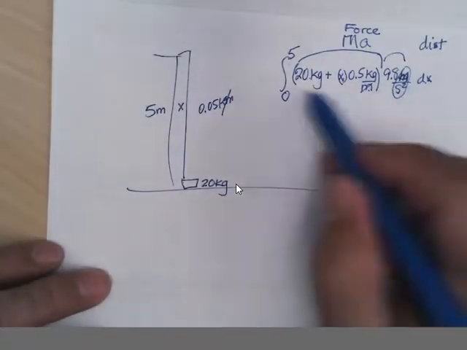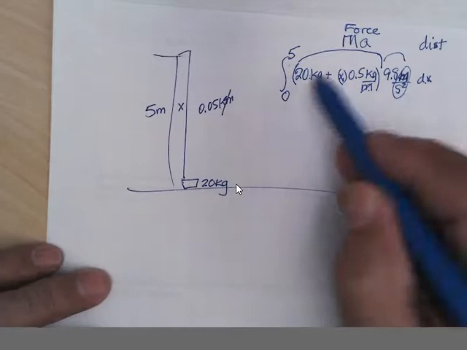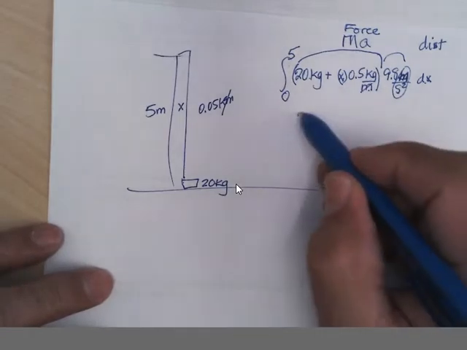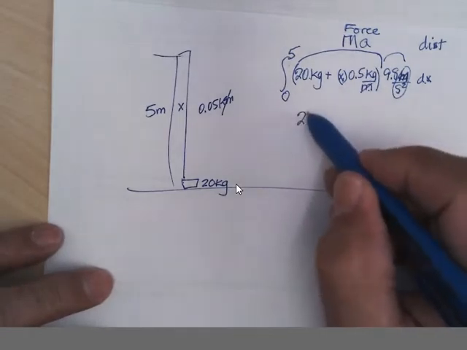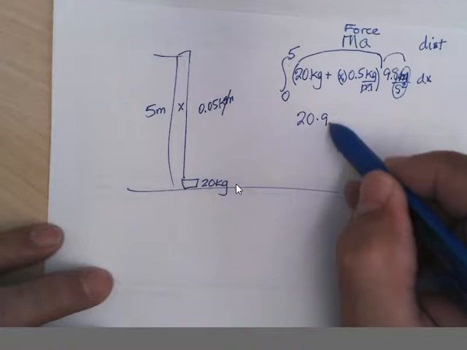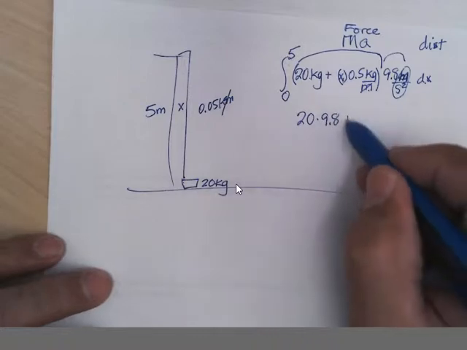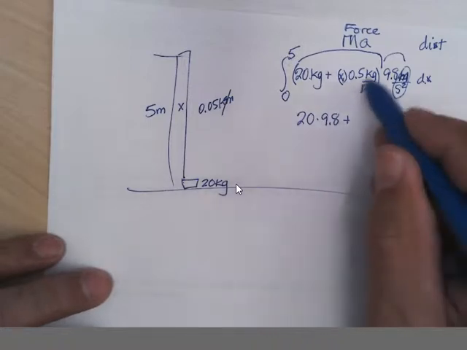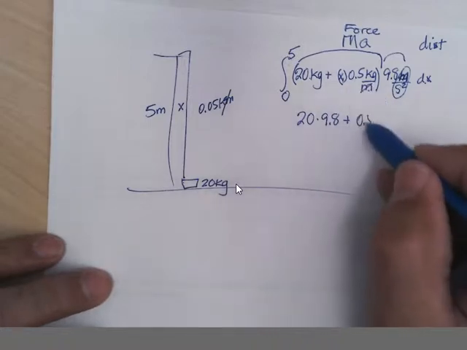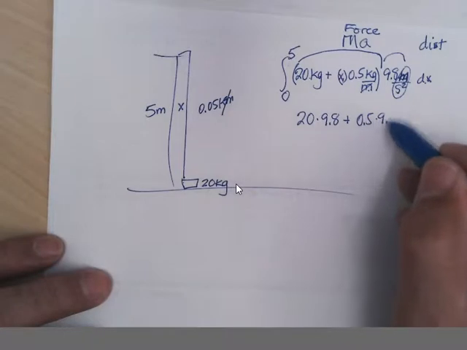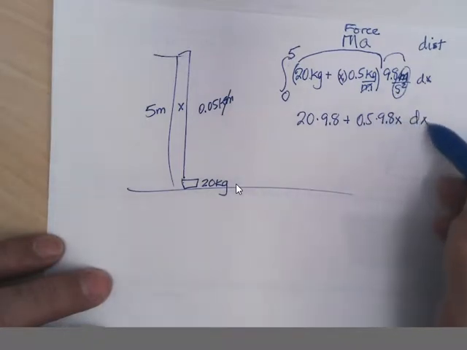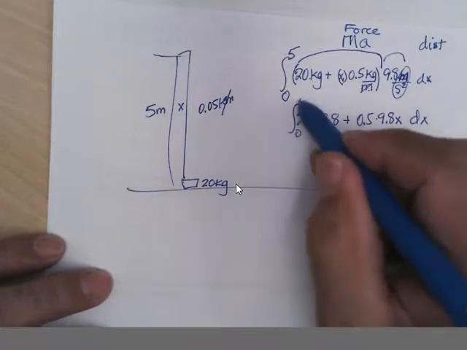So this is set up with the right limits and everything, so we're going to get 20 times 9.8 plus 0.5 times 9.8x dx integrated from 0 to 5.